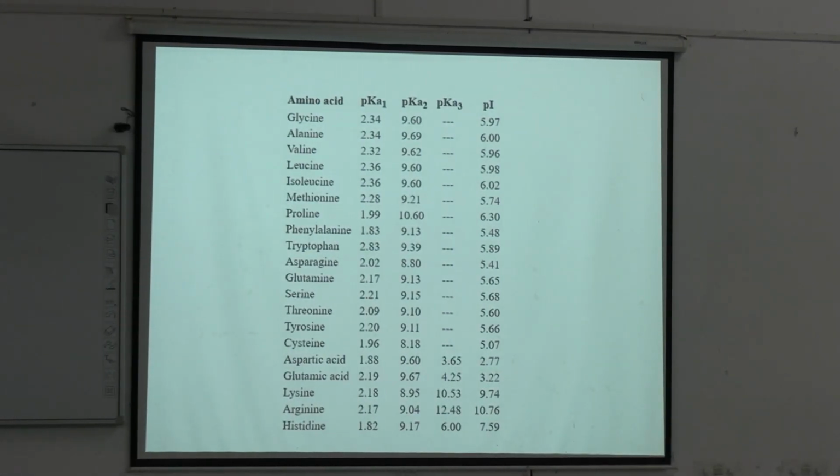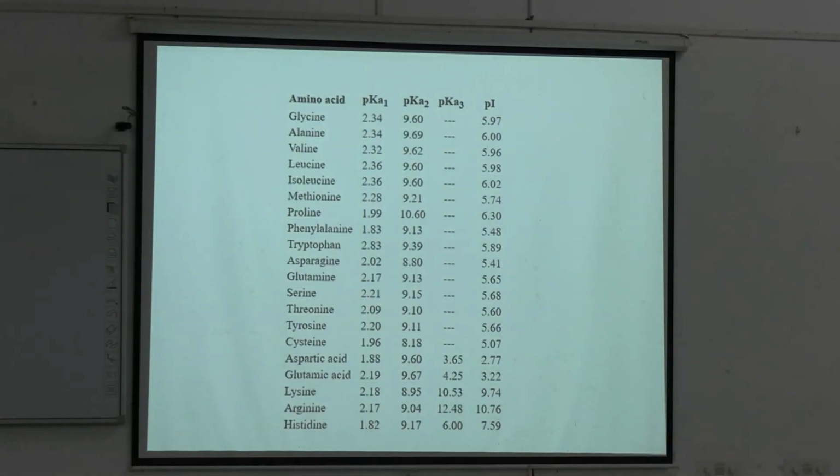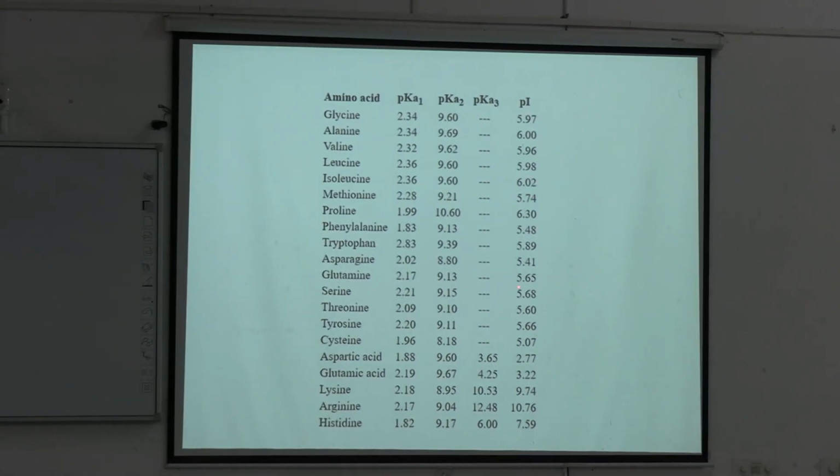What is to be noticed here? Glycine, alanine, valine, see, all around 6. All around 6. Right? 5 to 6. Now, the moment one extra amino group or carboxylic group is added, it changes the range.